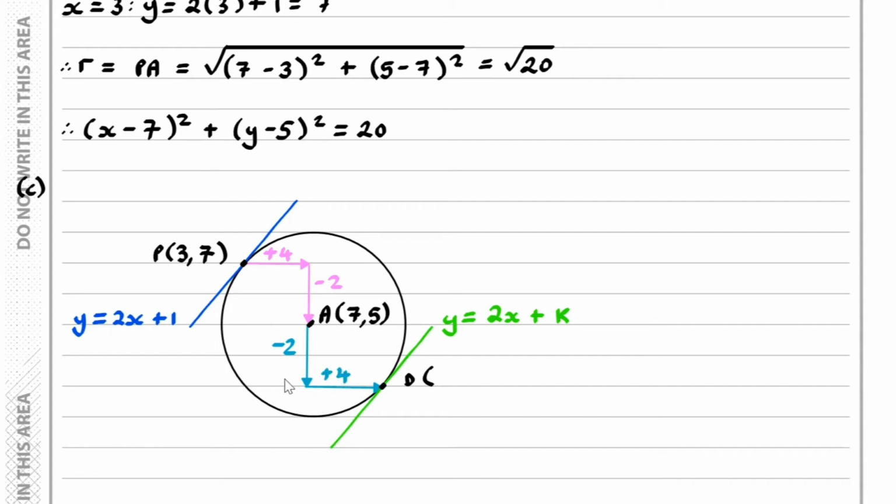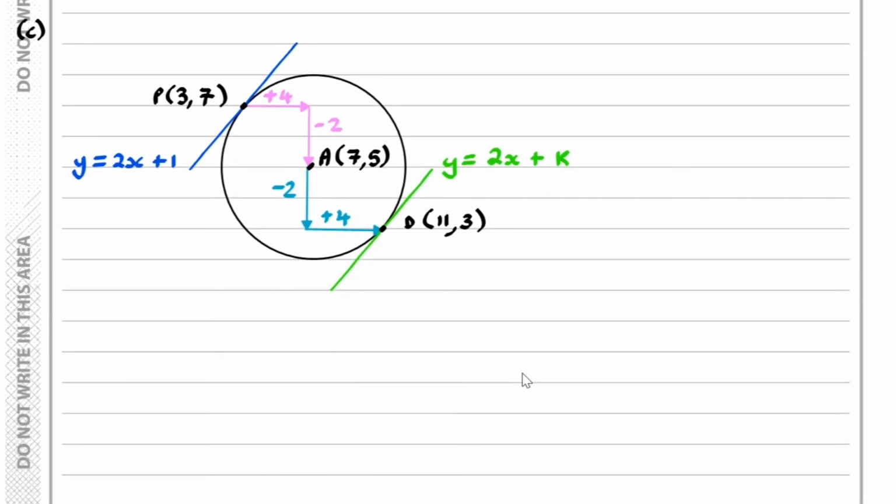And so if I find out the coordinates of D, 7 plus 4 is 11. 5 subtract 2, that's 3. The coordinates of D are (11, 3), and if I use y equals 2x plus k, I can find the value of k substituting this point in.